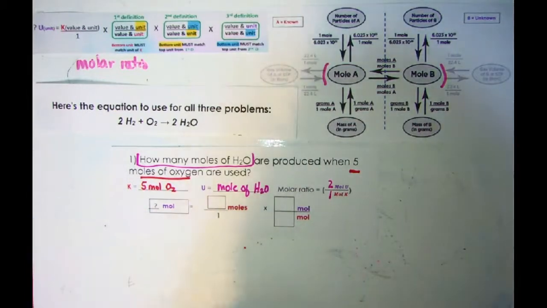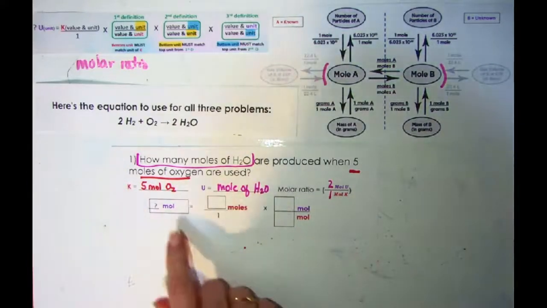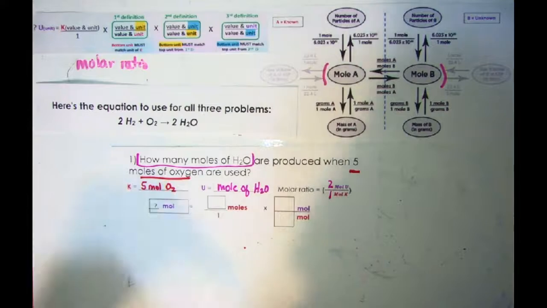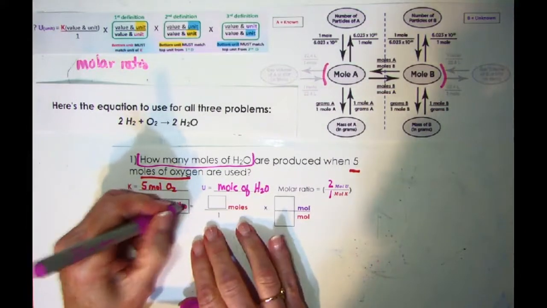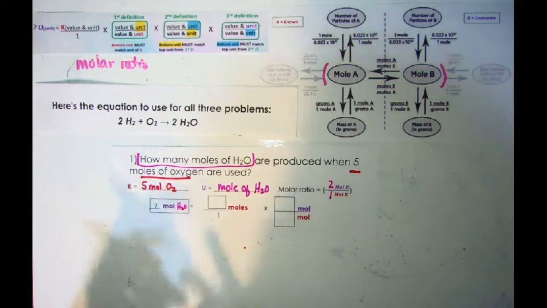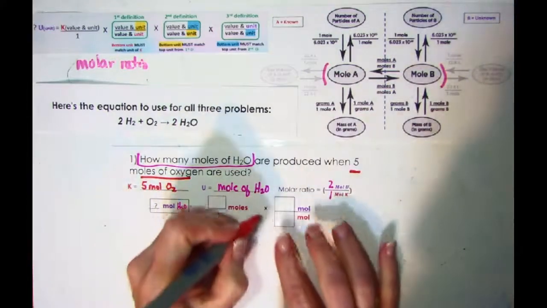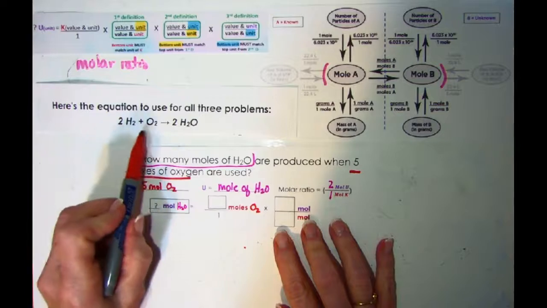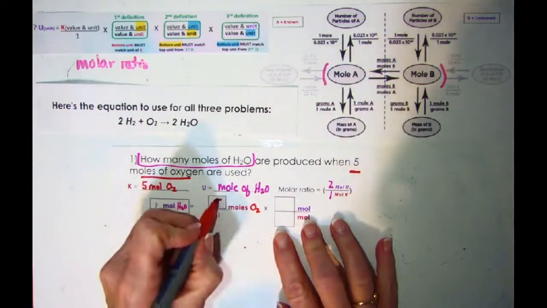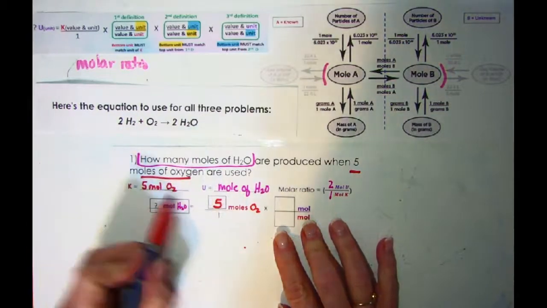Your job now is to set this up. We always set the problems up with the moles of the unknown, which is H2O, equal to the moles of the known, which is O2. Instead of the recipe, which calls for 1, we have 5 moles of O2.